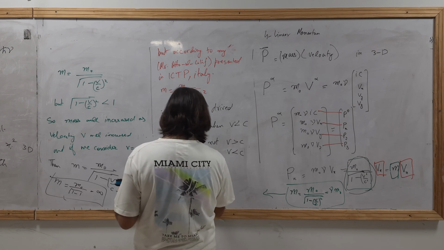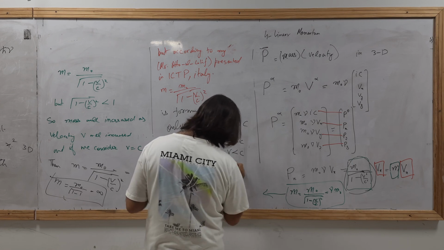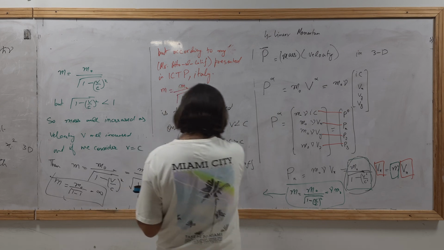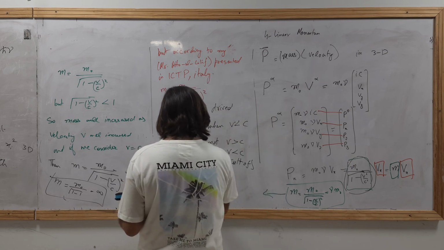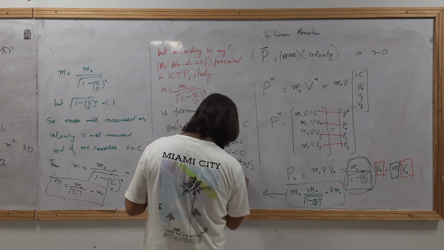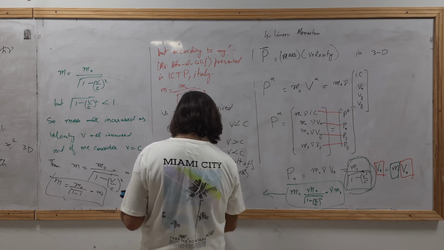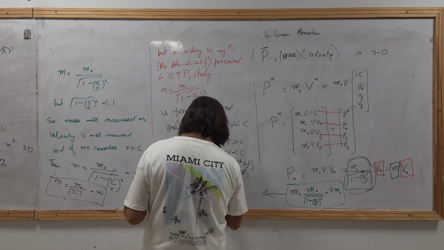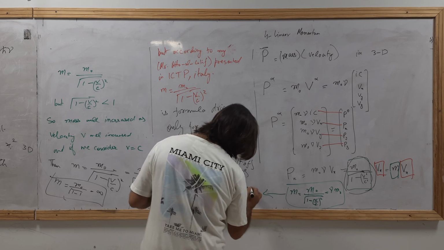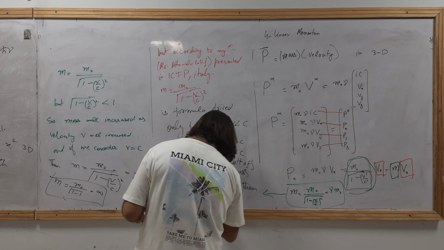So there is no cutoff in relativity for mass moving equal to or faster than the speed of light.